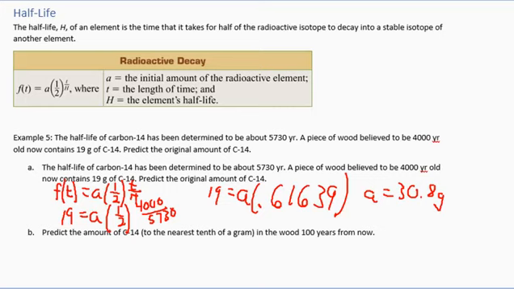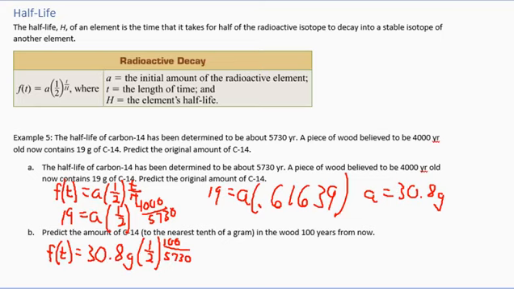All right, so we found our original amount, so we can put that in. We're going to take our equation from above, except now we have the original amount, so we have 30.8 grams times 1/2, and now we're going to take 100 over the half-life, which was 5,730.